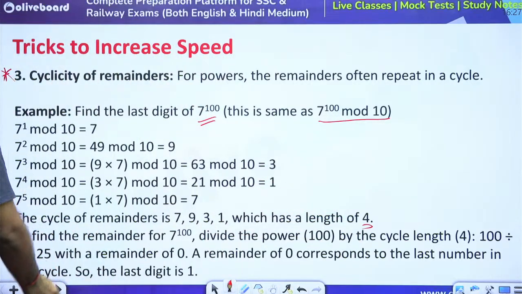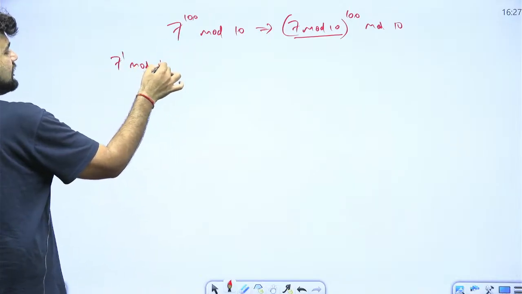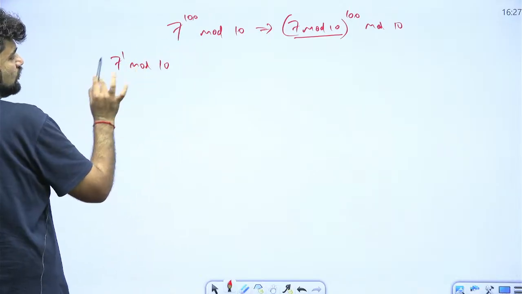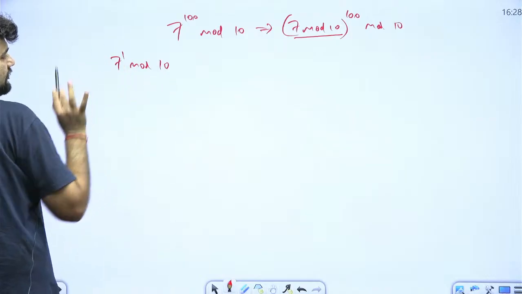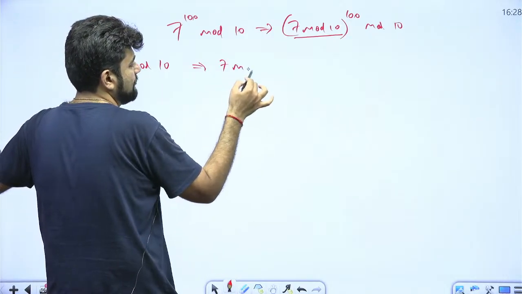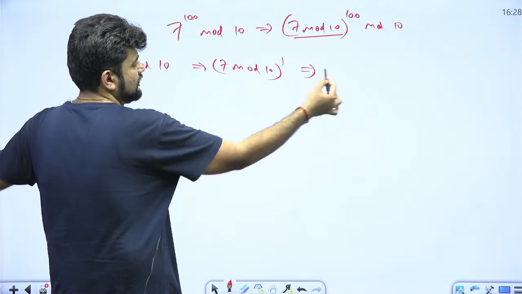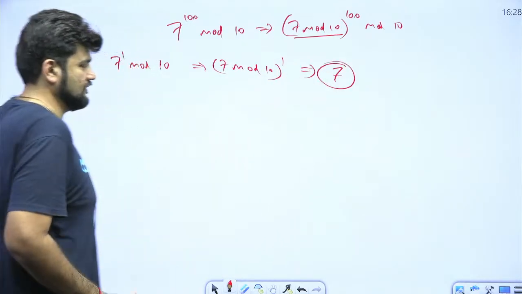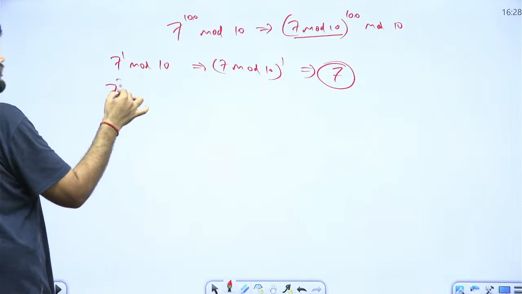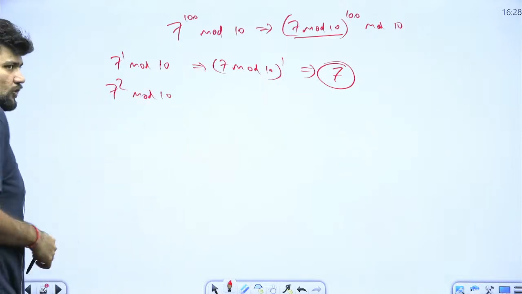So what did we do? We said, okay, let me find out 7 power 1 mod 10. That is easy. I will say 7 mod 10 power 1. No need to solve this actually, because 7 mod 10 is 7 only. So this is my first remainder. The second is 7 square mod 10. Now you can convert this to 49 mod 10, not a problem.